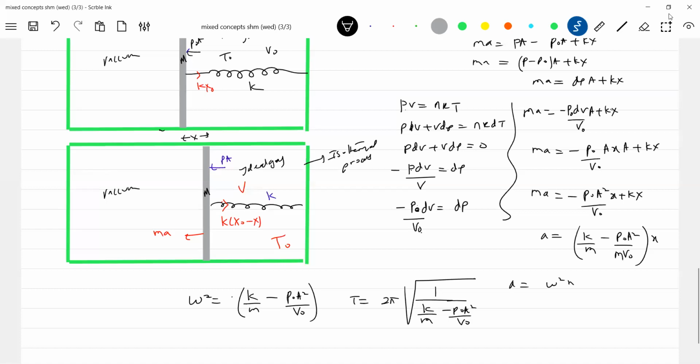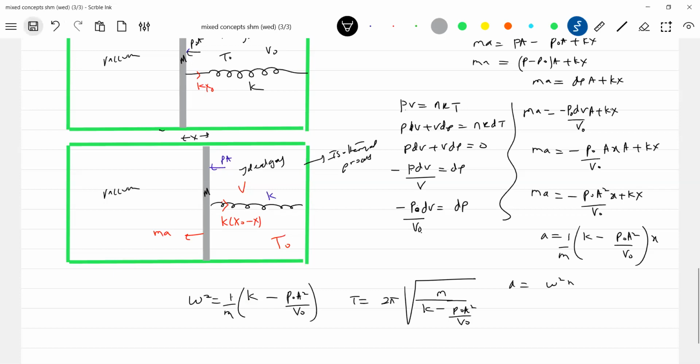Or I think we can make it common. I think this will be a better form. Okay, fine. So this will be the time period of oscillation.